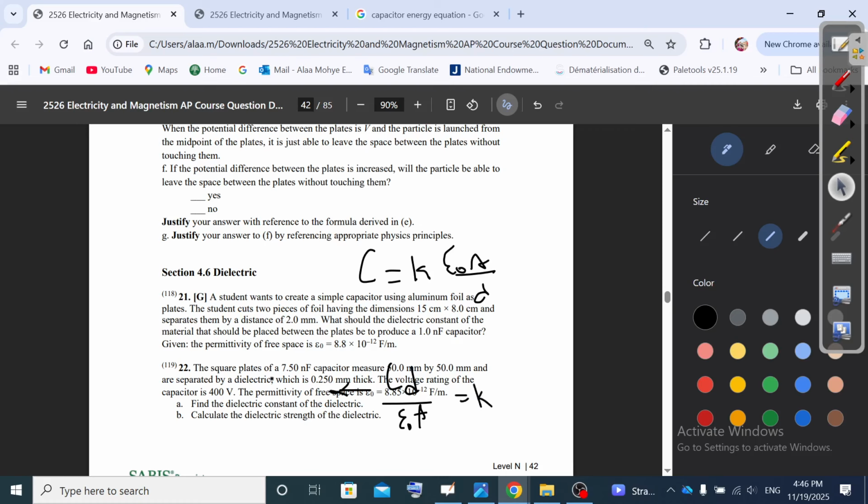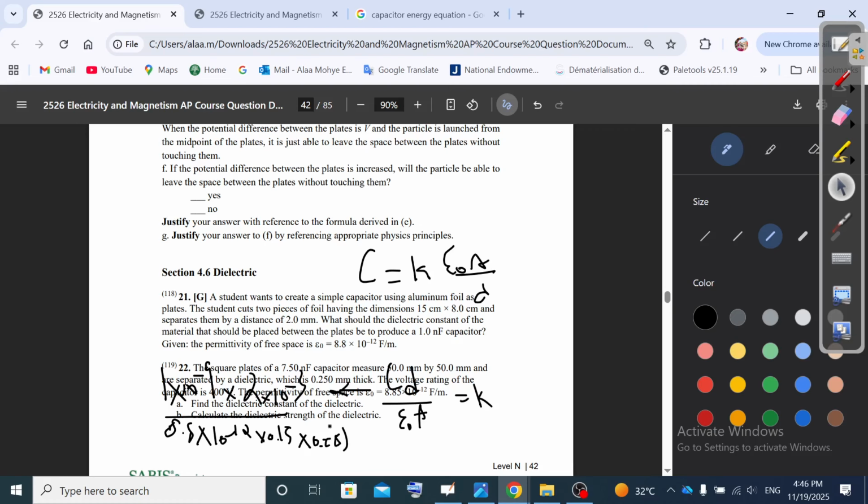Your capacitance is 1 times 10 to the minus 9, the distance of separation is 2 times 10 to the minus 3, over epsilon naught, which is 8.8 times 10 to the minus 12, times your area, which is 0.15 times 0.08.